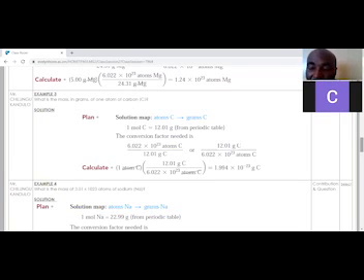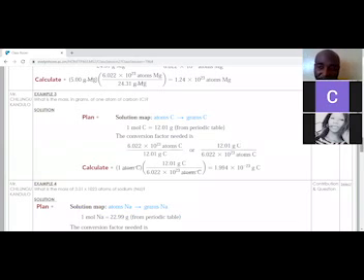What is the mass in grams of one atom of carbon? Imagine, guys, one atom of carbon. So even the mass must be extremely small. So since we have one atom, Doris, do you want to say something?